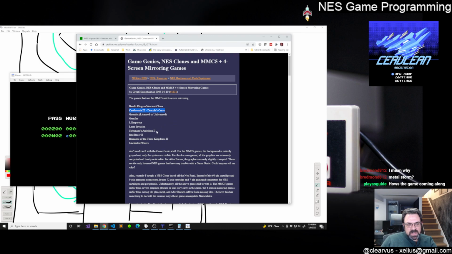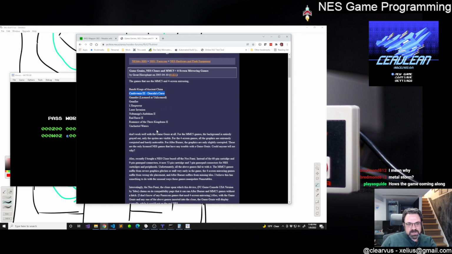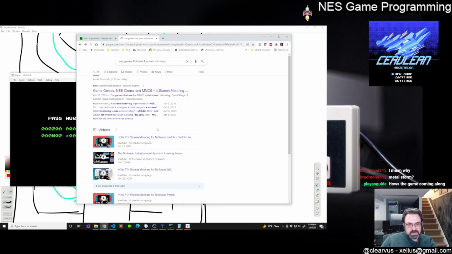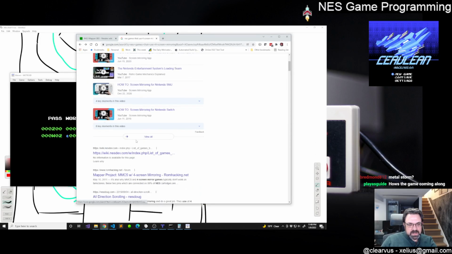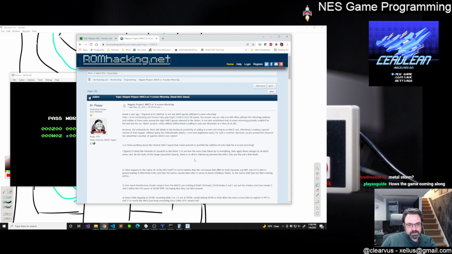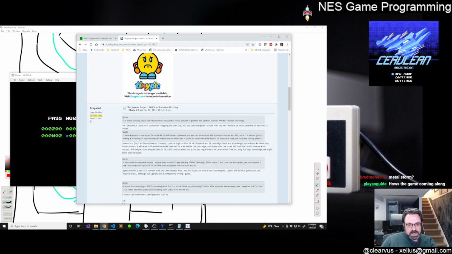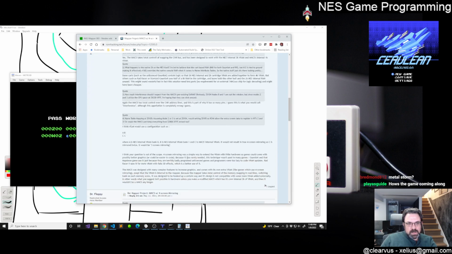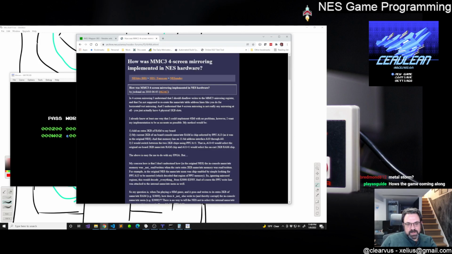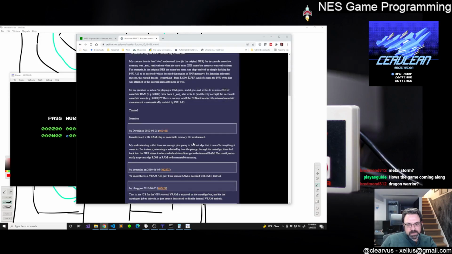I'm surprised. I thought for sure that it used horizontal and vertical. I don't know if this article is right, but we can always look at that. I mean, that would make sense that it's MMC5, because that's what Dracula 3 used.